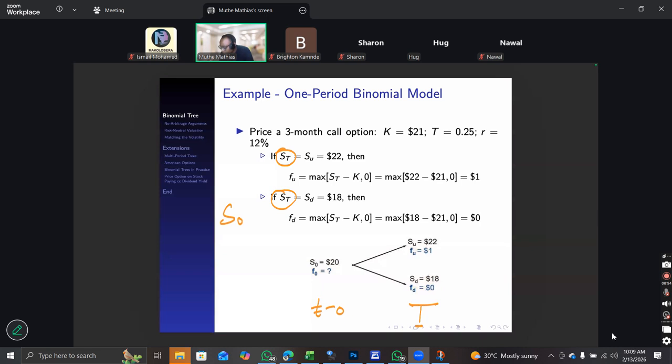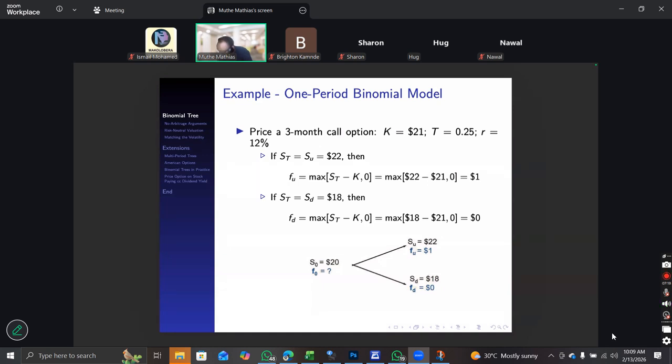So you can denote this by S naught, for price of stock today. I'm going to use two notations here.